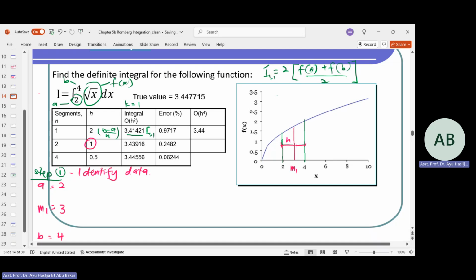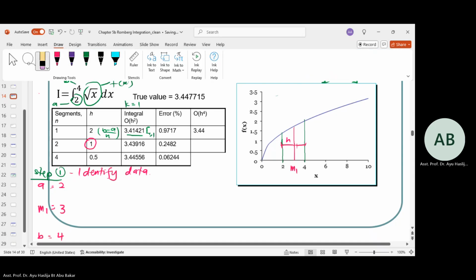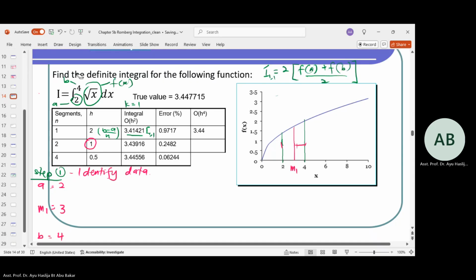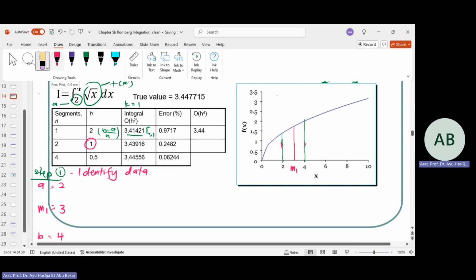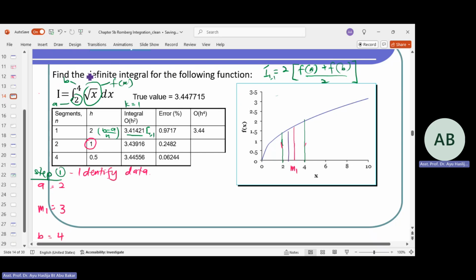We find all the data first. What are the data that you need? Then moving downward, when you have 4 segments, now you have 4 segments, add more.